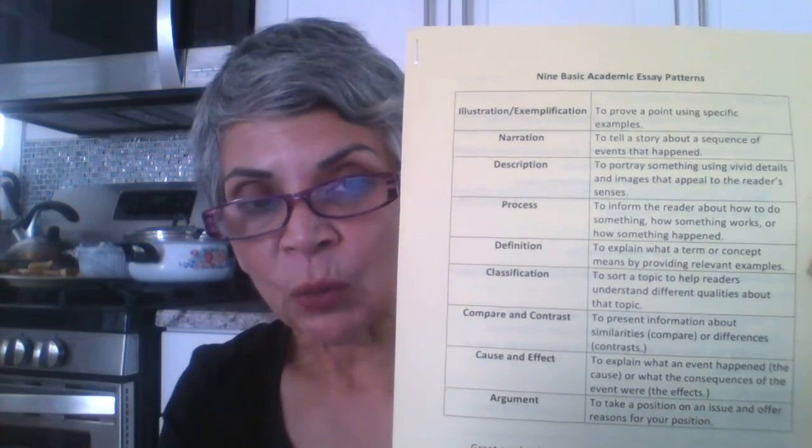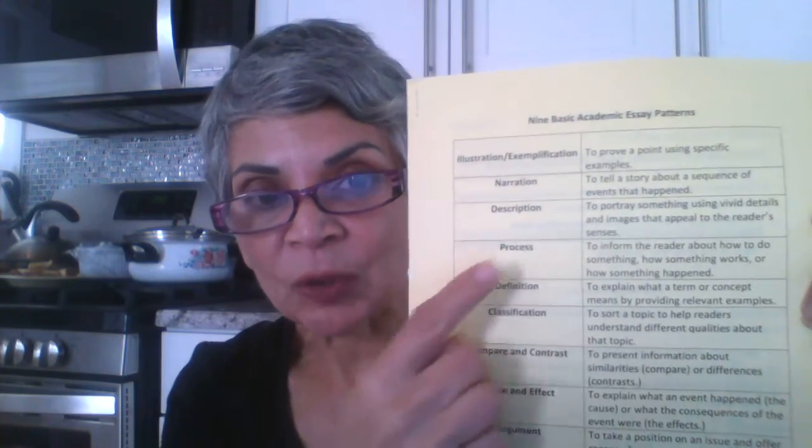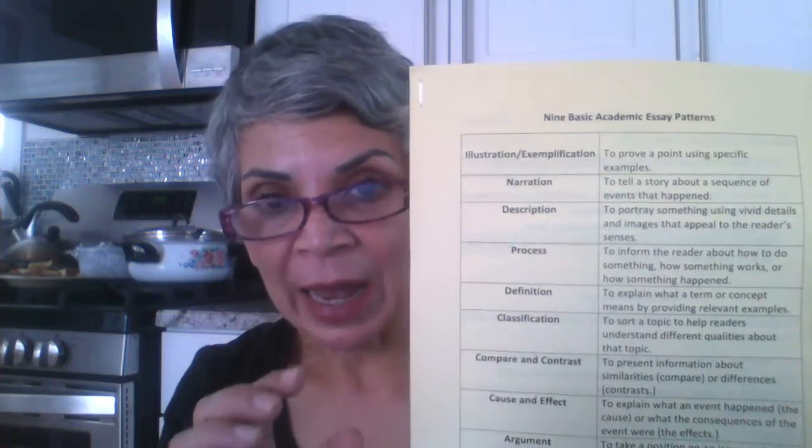And what we're really working on at this point in time is the description pattern, which is going to be very brief in your exemplification paper. So don't worry about that. We're really looking for 4 to 5 sentences in a snapshot lead.